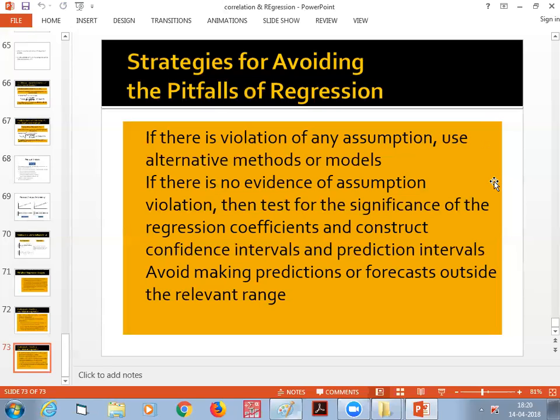This is what a data analytic person should know before developing a regression model. A regression model is bivariate if you have only two variables. If you have more independent variables, then it becomes a multivariate model.